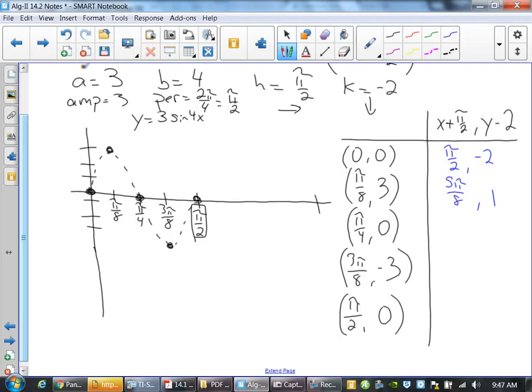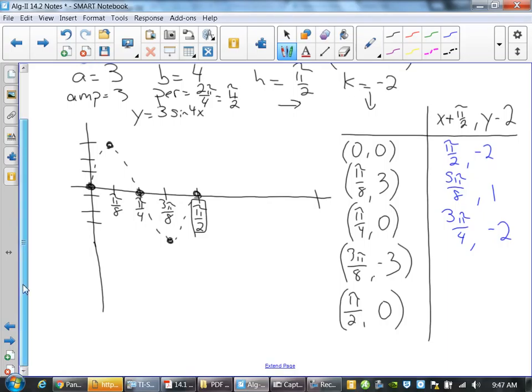1/4 plus 1/2. 3/4. So it's 3 pi over 4. 0 minus 2, excuse me. 3/8 plus 4/8, 7/8. And be at -5 then.